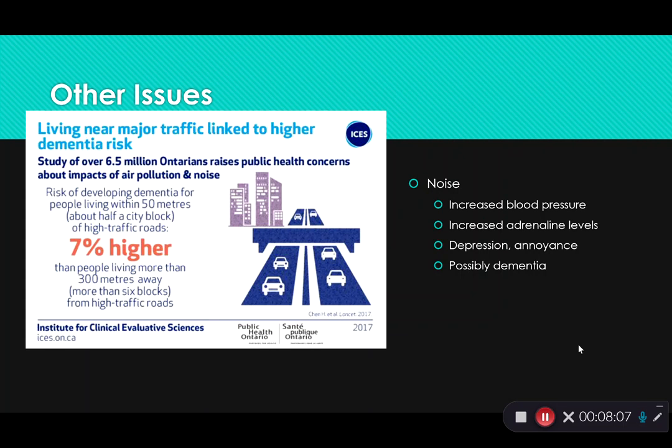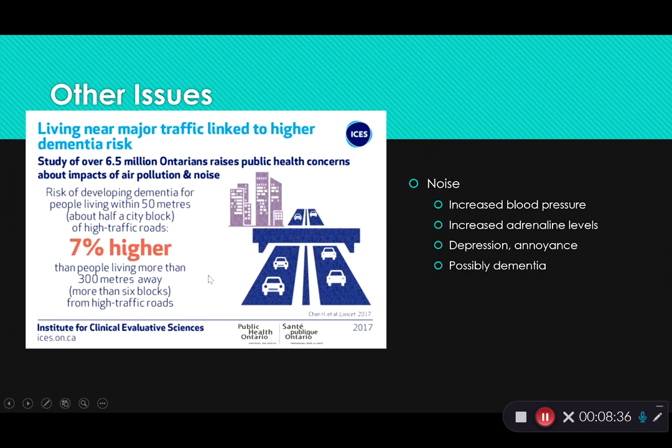So some other issues related to our transportation system is noise. Living in proximity to highways and the noise that they produce contributes to increased blood pressure, adrenaline levels, depression. It may contribute to dementia. The picture here shows that there's increased risk of dementia if you're living within proximity to the highway.